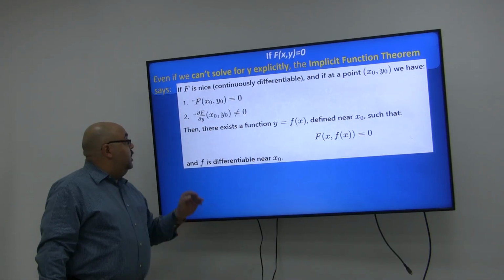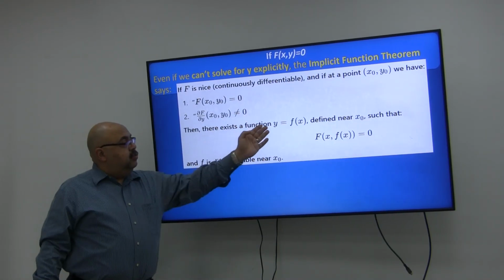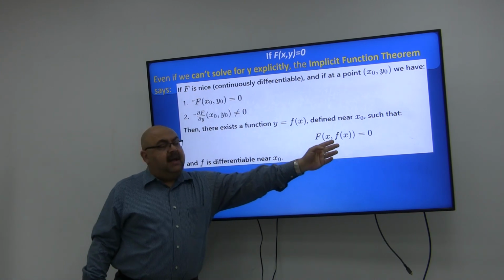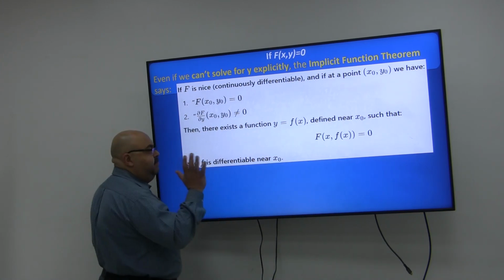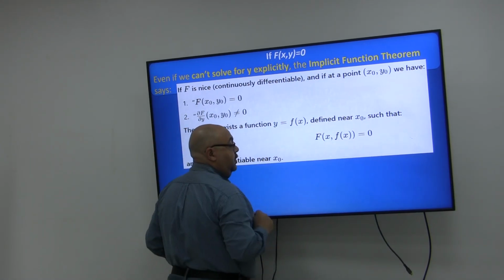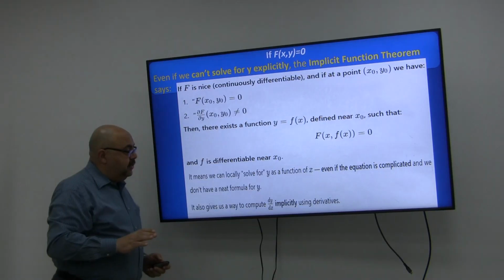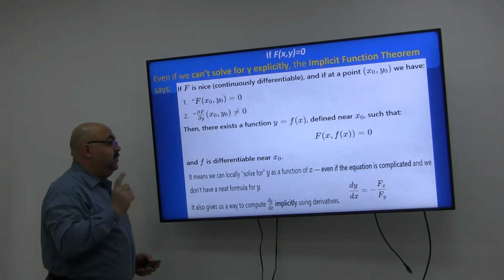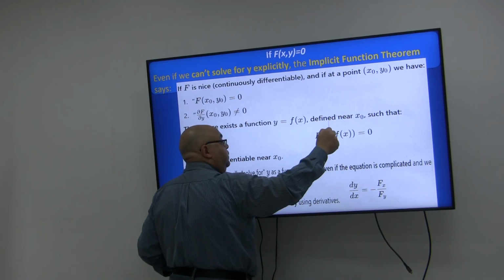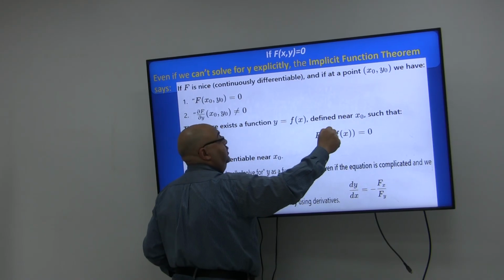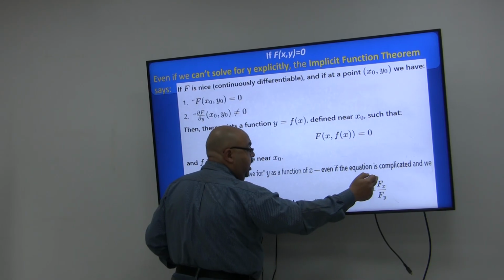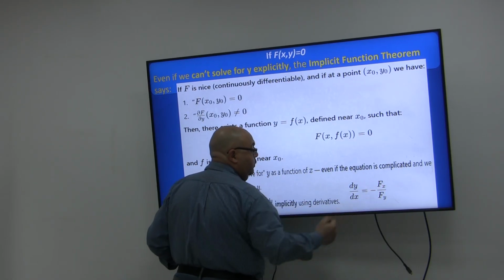Then there exists a function y equals f of x. If you remark, the main idea is that I can get y as a function of x in this form. And the biggest advantage is that I can get the derivative of y with respect to x simply by dy/dx equal to negative f sub x over f sub y.